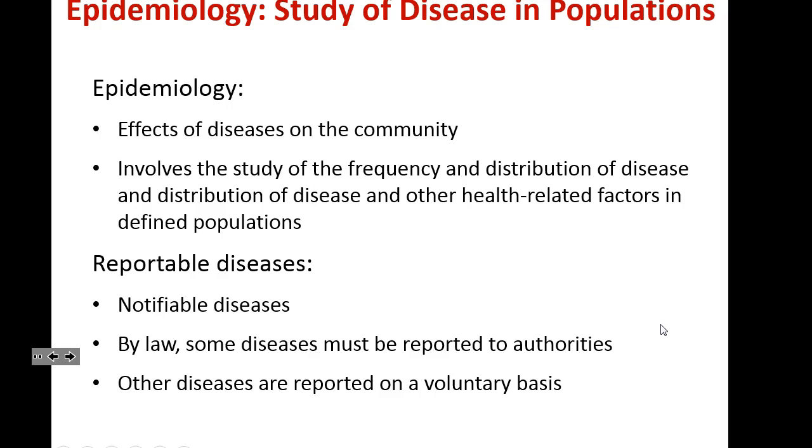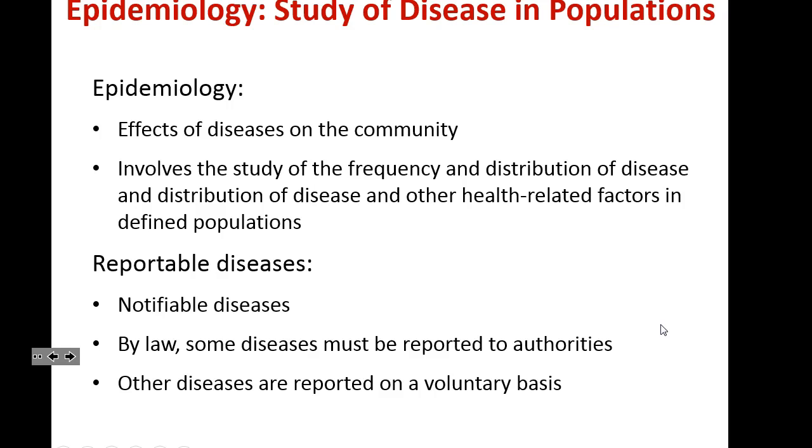Epidemiology, effects of diseases on the community. You are going to do an epidemiology lab. It's called morbidity and mortality, where you will be given, or you will choose, a disease to look up. You'll go to the Centers for Disease Control and determine morbidity and mortality for a 1-year period for a specific disease.